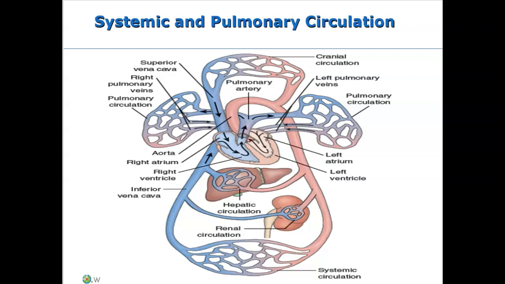The pulmonary circulation moves blood between the heart and the lungs. It transports deoxygenated blood to the lungs to absorb oxygen and to release carbon dioxide. The oxygenated blood then flows back to the heart. Systemic circulation moves blood between the heart and the rest of the body.